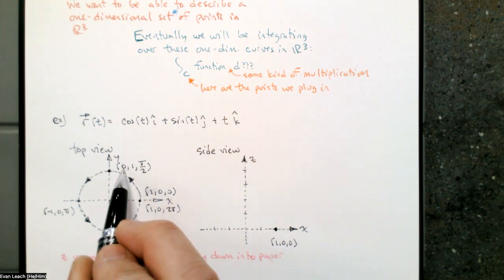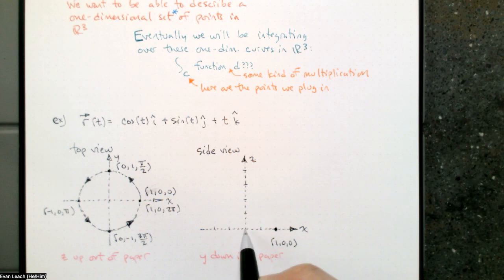Then I want to plot the point 0, 1, pi over 2. So I'll go 0 on the x, 1 on the y, which goes down into the paper, and then pi over 2 on the z.